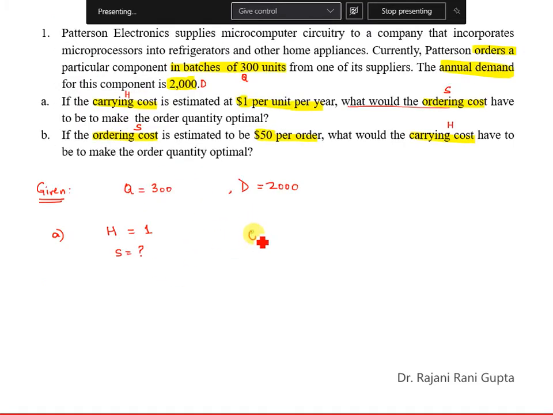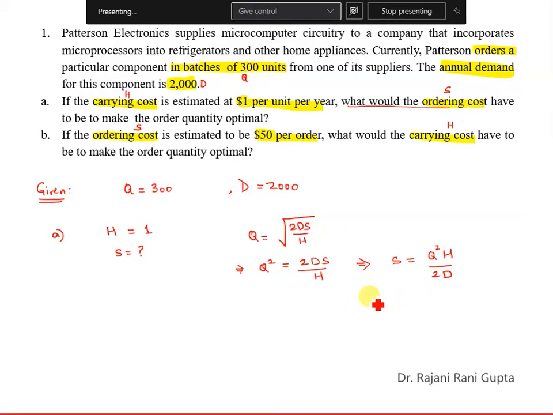So let's write. We know that the optimal order quantity is Q equals the square root of 2DS over H. We have the value of D, Q and H. We need to find S. So first we solve it in terms of S. How do we do it? We square both sides. It gives Q squared equals 2DS over H. Solving for S, it gives Q squared H over 2D.